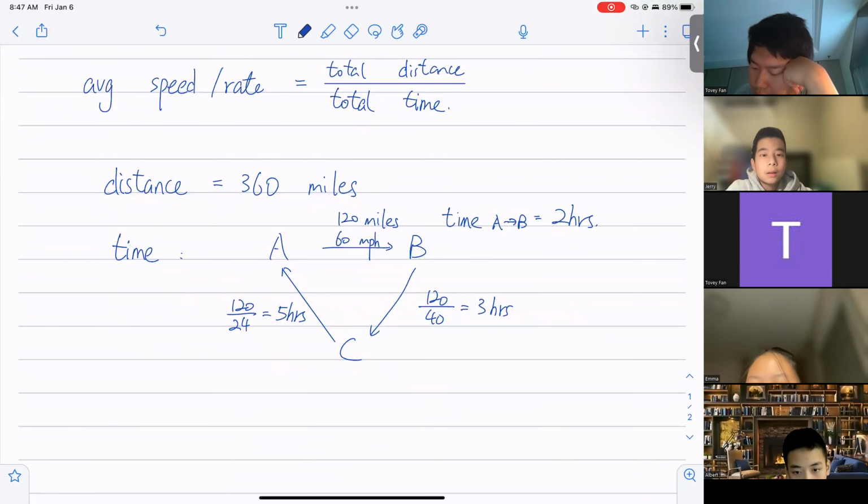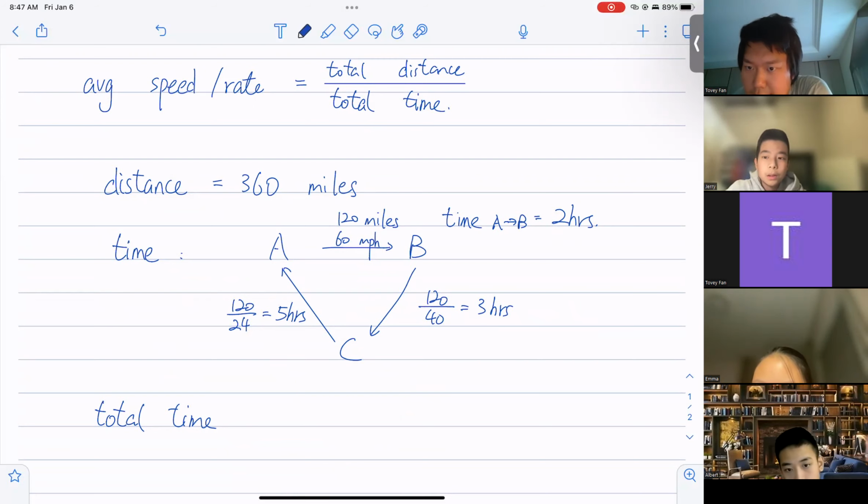So for total time, because there were three different parts of the travel, and for each part the average speed is different, we have to divide each distance by its average speed to find the time, and then we add them up to find the total time. So the total time would be 2 hours, 3 hours, 5 hours.